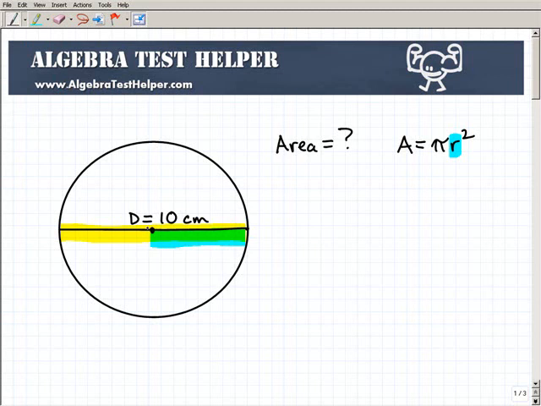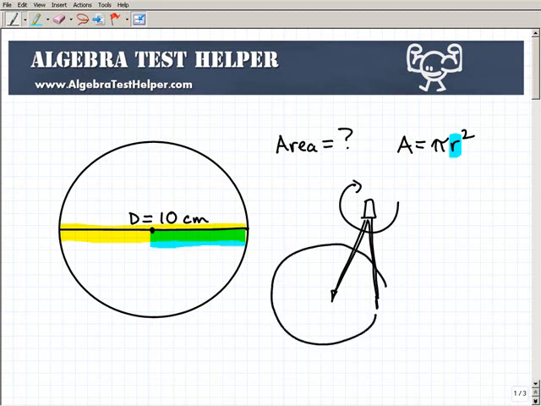A good way to think of the radius is this. Here's a compass, which you've probably played with in class before. It has a pencil and a little pointy thing, and you twist it around to draw something. If you draw a circle on your piece of paper, you would arc around and draw your circle like so.